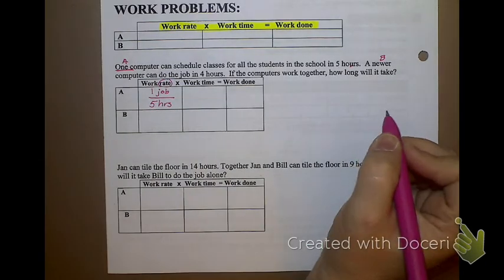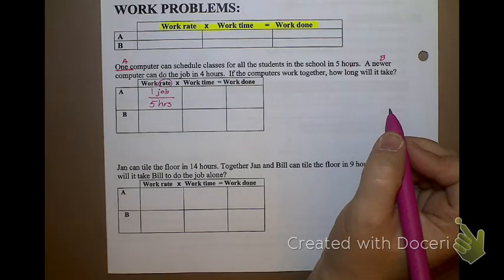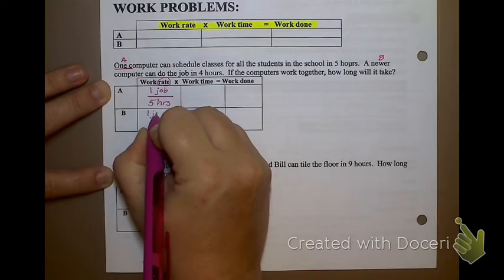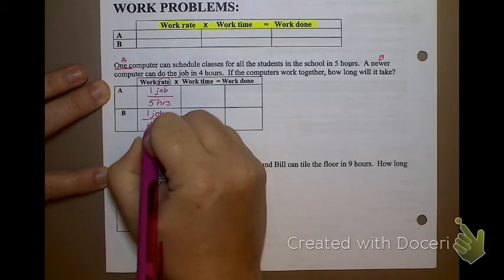So one job is fully complete in 5 hours, according to computer A. What about computer B? One job in how many hours? 4 hours.